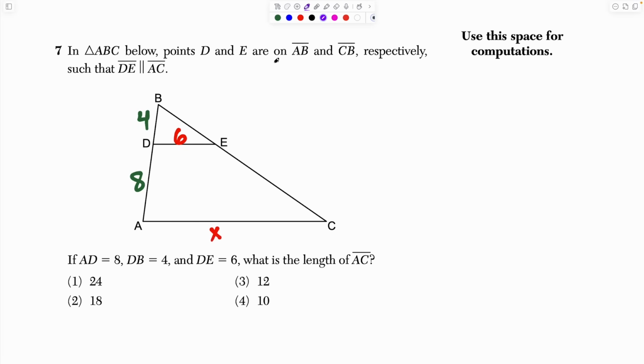So for this question, we were told that DE is parallel to AC. So I know that these two segments here are parallel. And what that then allows us to say is that triangle BDE is similar to triangle BAC. And the reason why I know that's true here is that those two triangles share angle B. And then when I have parallel lines cut by a transversal, the corresponding angles formed are congruent.